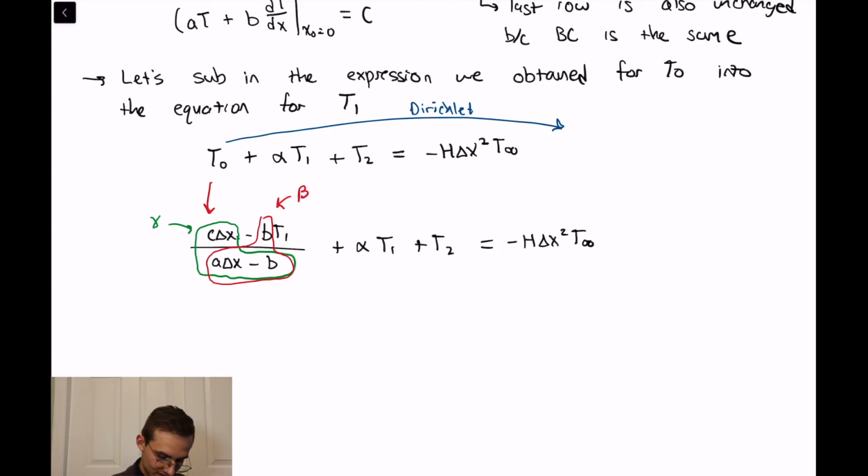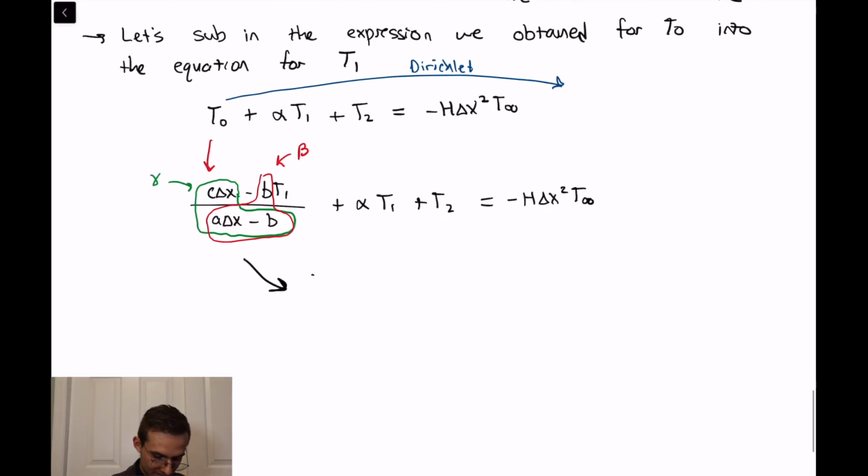What that does is it just cleans up the equation, and we end up with the quantity (alpha minus beta) times T1 plus T2 is equal to negative h delta x squared T infinity minus gamma.